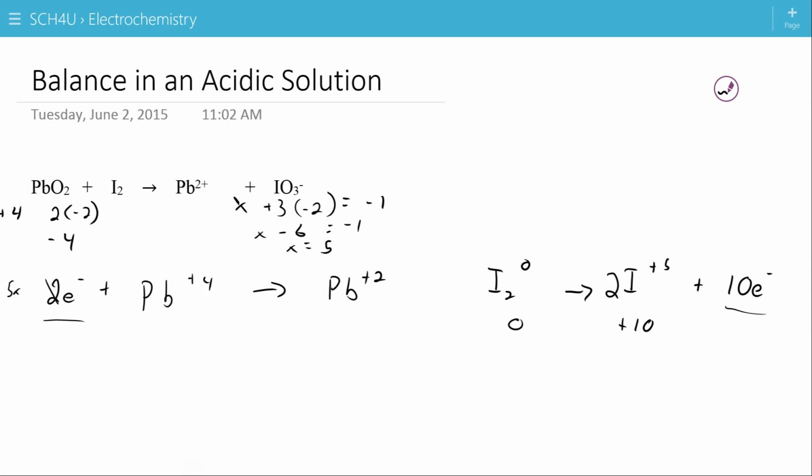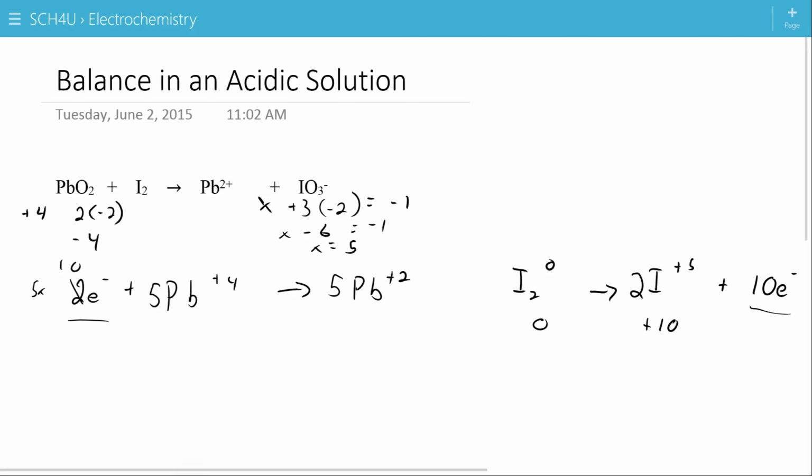That'll change my 2 to 10 electrons. Put a 5 on both of these leads. And then I have 10 electrons matched up with 10 electrons. 10 electrons in, 10 electrons out, and they agree with one another. So this lead is this one right here, and this lead is this one right here.